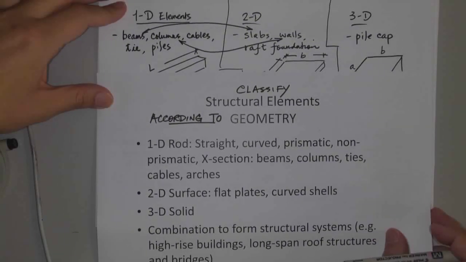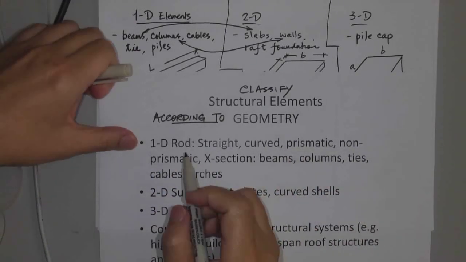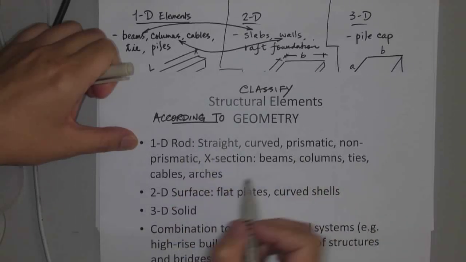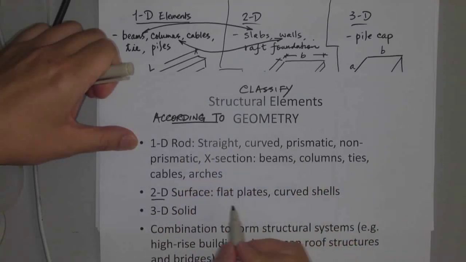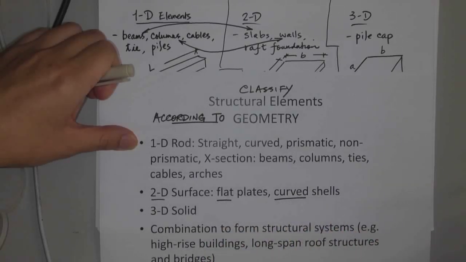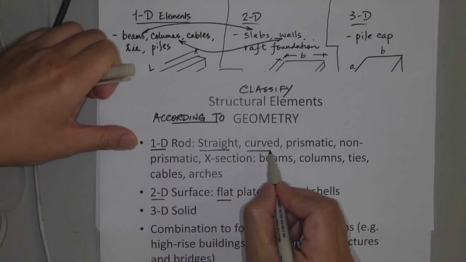Right, so sometimes a 1D element is also called a 1-dimensional rod. Oh, by the way, 2-dimensional elements don't have to be a flat plate, they can be curved. A 1-dimensional element can be a straight member or a curved member.